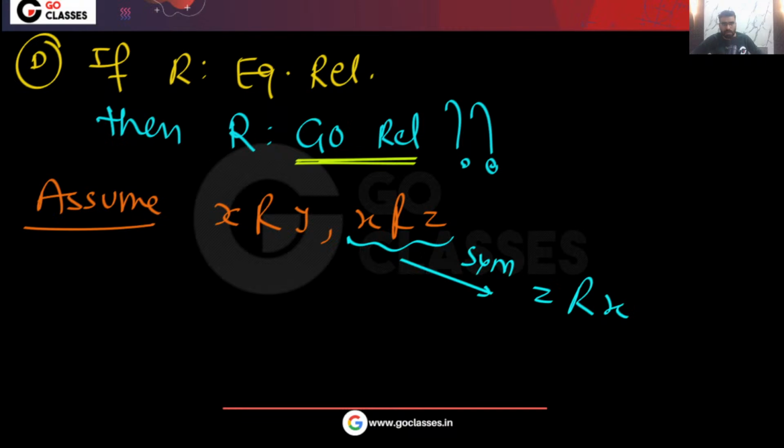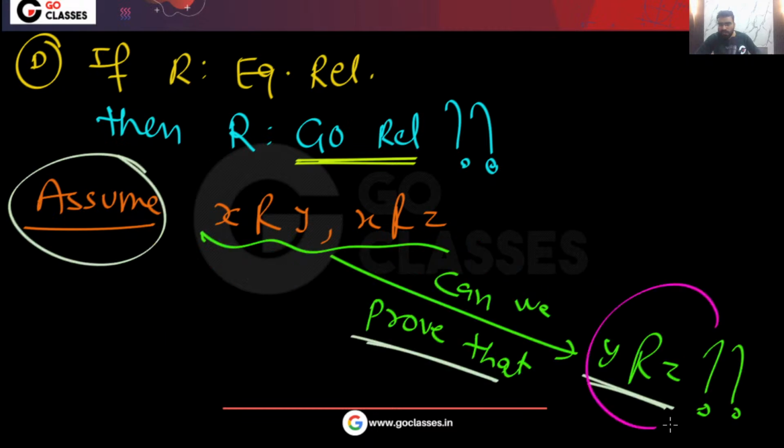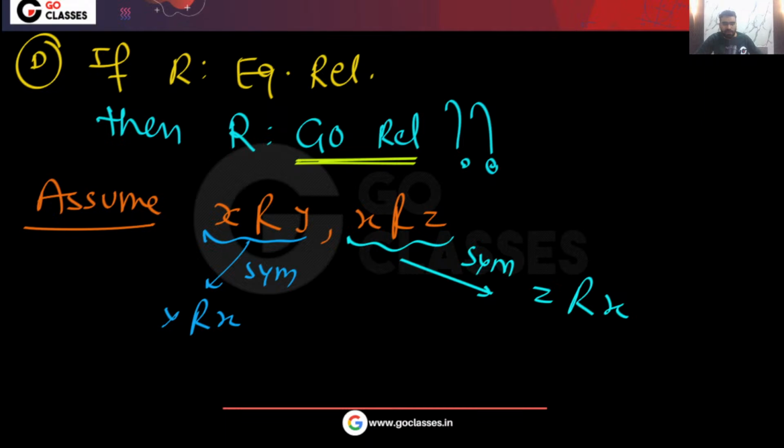Yes or no? Because of symmetric, z is related to x. Now because of symmetric, y is related to x. Okay, finally, what we need? We need y related to z. Can I say y will be related to z?